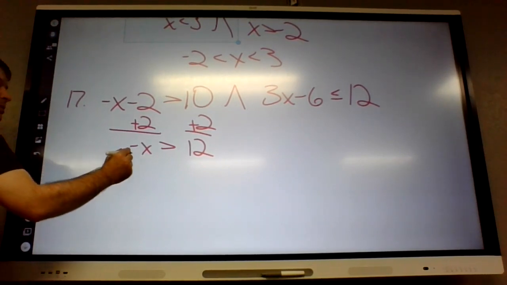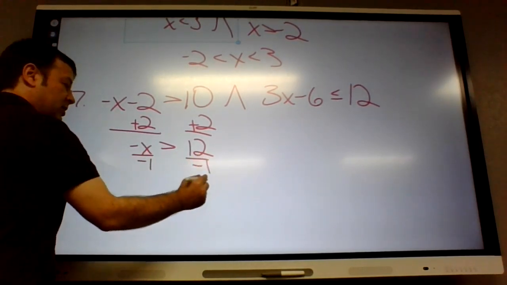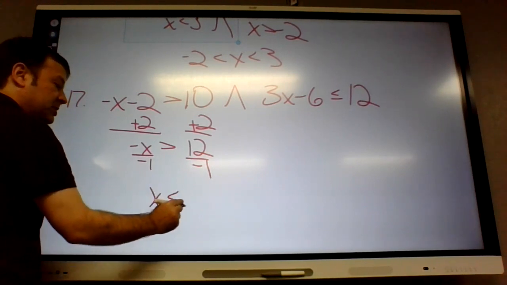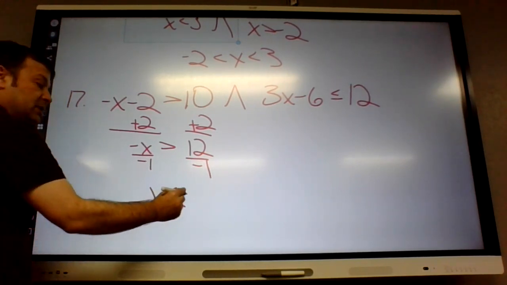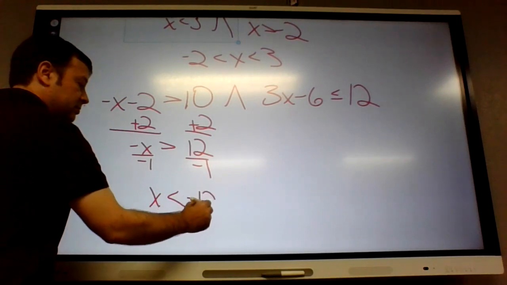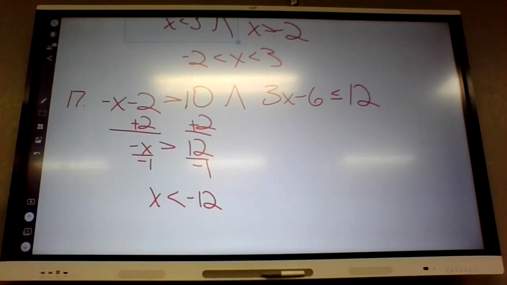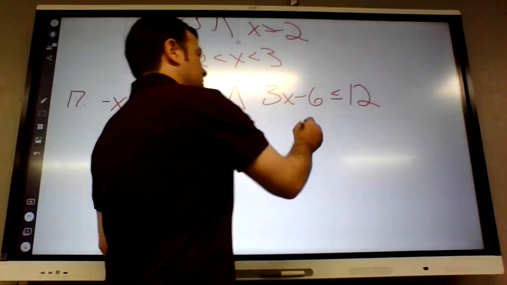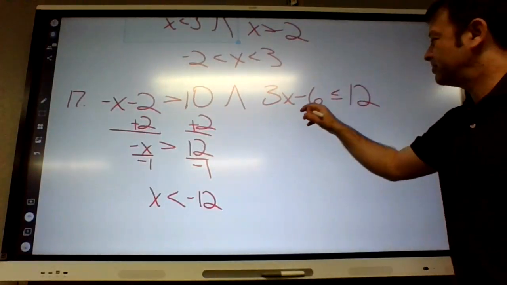Divide by -1, and you said the sign switches, which means the greater than becomes a less than. Also, the positive negative sign switches. 12 divided by -1. Okay, over here, got the minus 6.